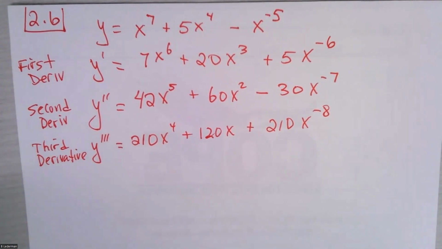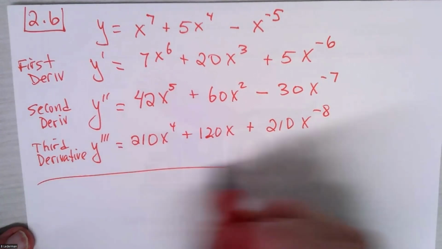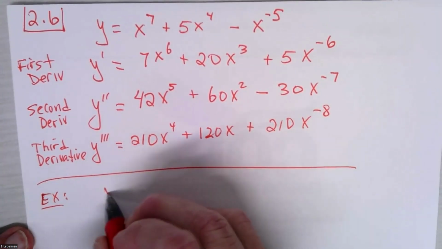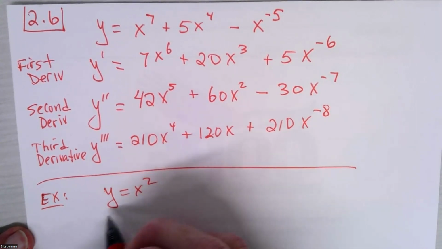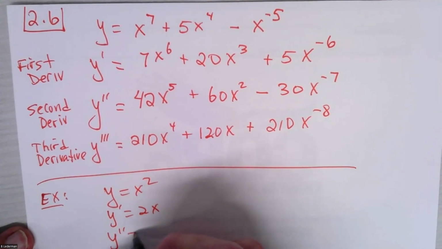Sometimes the derivatives will keep on going, sometimes they'll sort of stop. For example, if you have y equals x squared, then y prime equals 2x, y double prime equals 2, y triple prime equals 0.